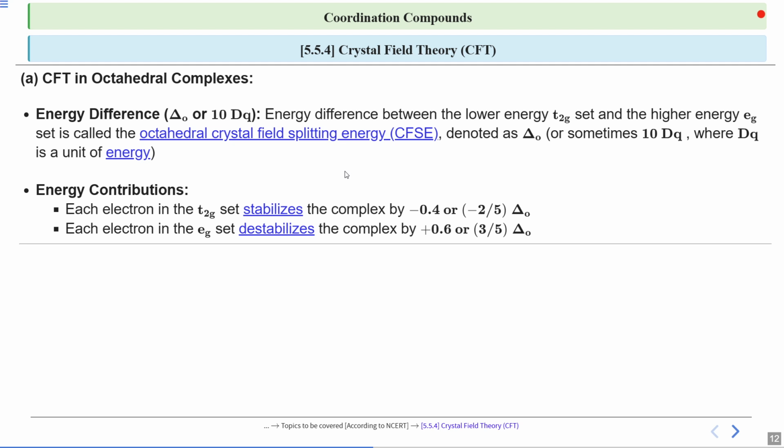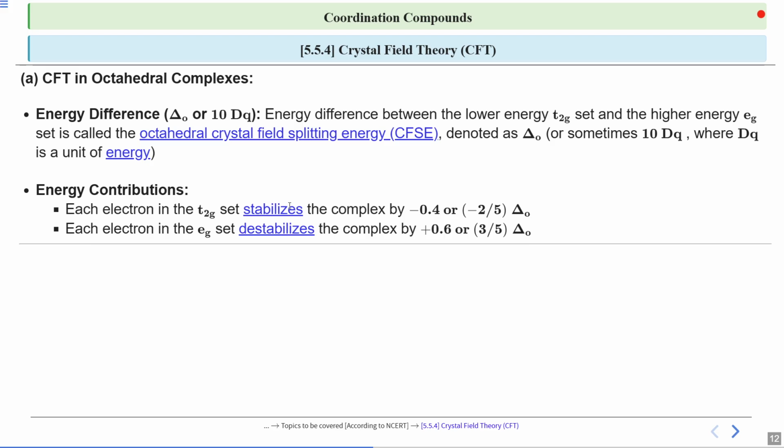As we have seen, in the T2G set each electron is going to stabilize the complex by minus 2 by 5 delta naught, and in the EG set each electron is going to destabilize the complex by positive 0.6 or 3 by 5 delta naught.